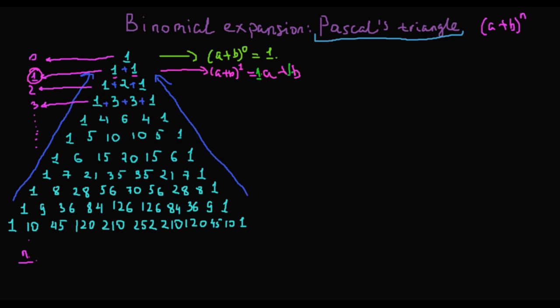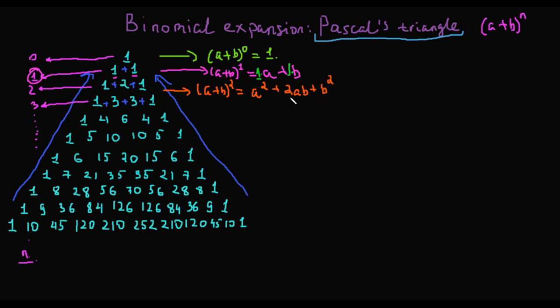Sounds great. And the next one is (a plus b) squared. Since we know from 6th or 7th grade the formula of squares, it is a squared plus 2ab plus b squared.